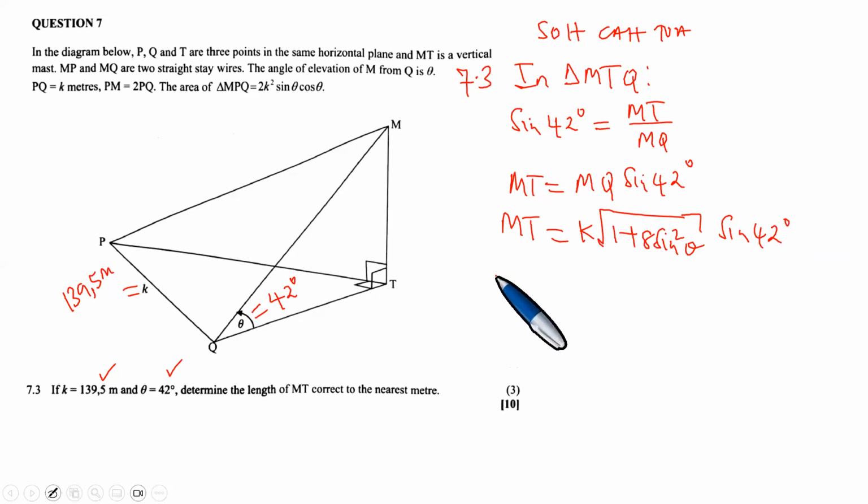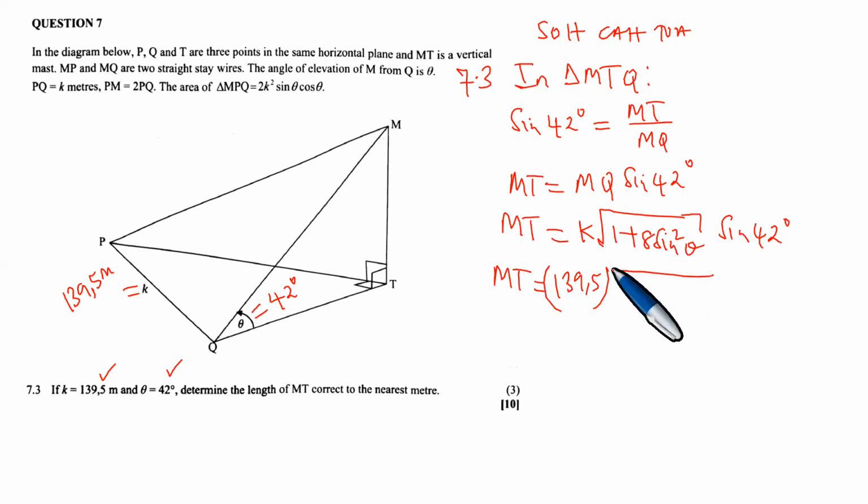And we are in business now, which means we can proceed to solve the problem because we already know our k, which is 139.5 meters. And we have the square root of 1 plus 8 sine squared of the angle theta, which is 42 degrees, times the sine of 42 degrees.